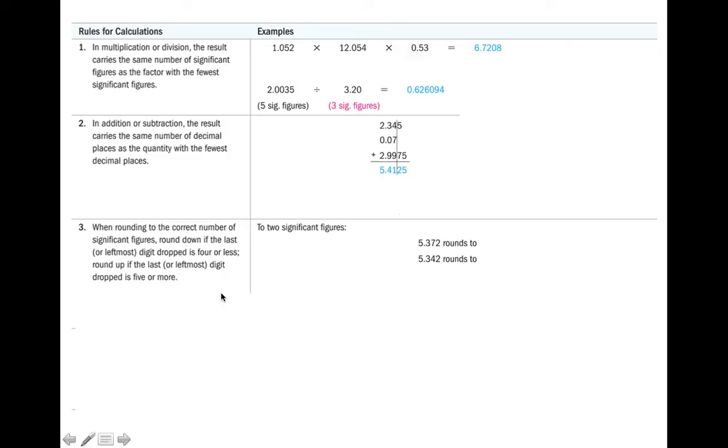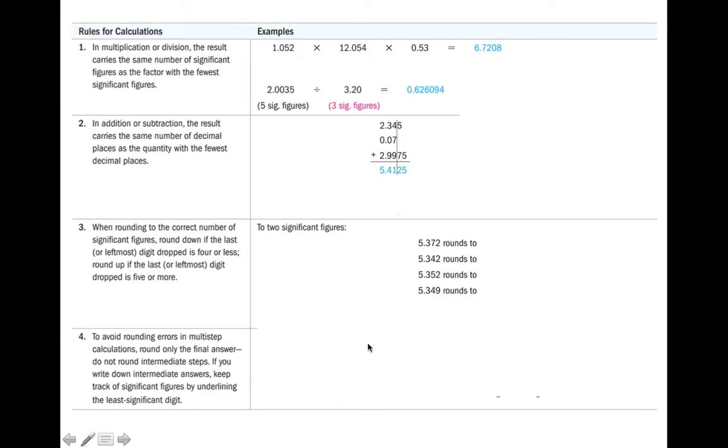To 2 sig figs, this is going to round to 5.3. To 2 sig figs, this rounds to 5.4, right? Because that digit right there is getting dropped, but it's 5 or better. This is going to round to 5.3 because that digit is getting dropped and it's 4.